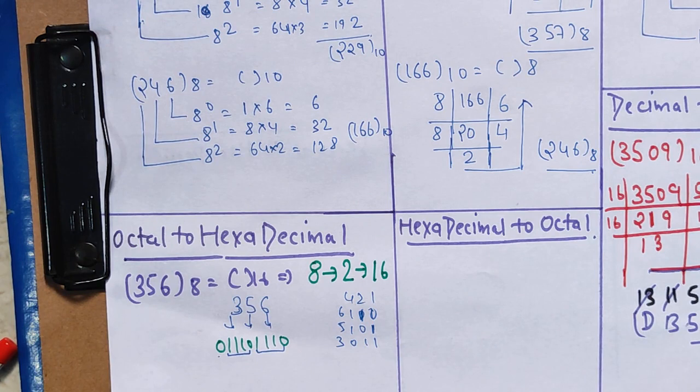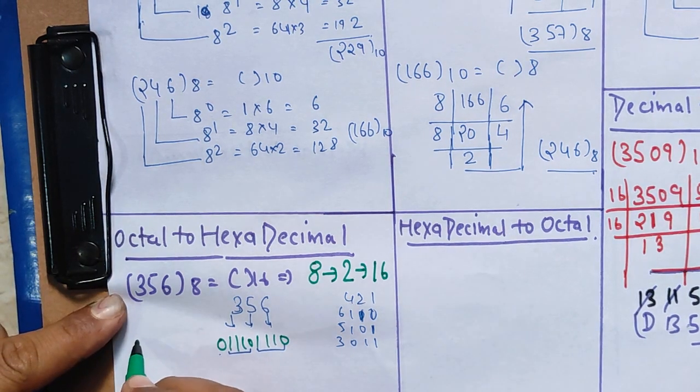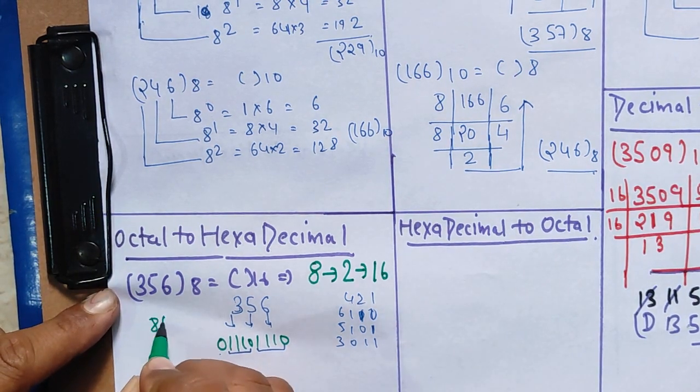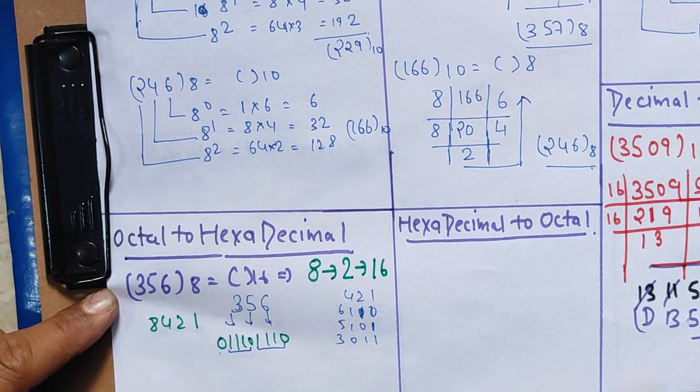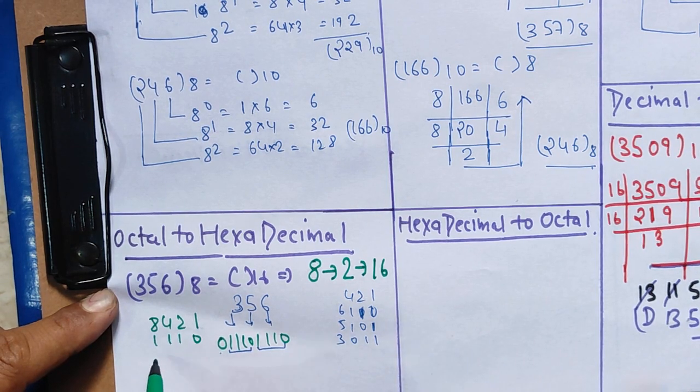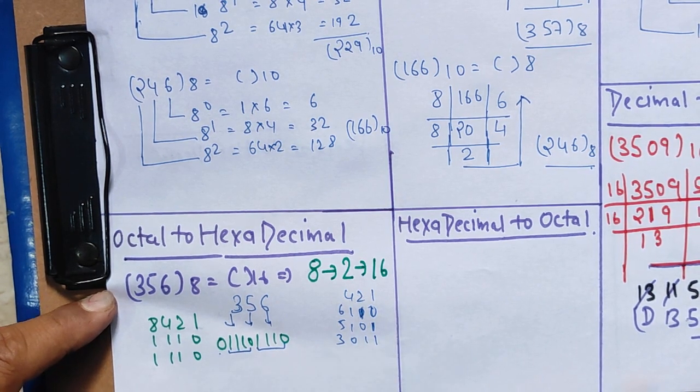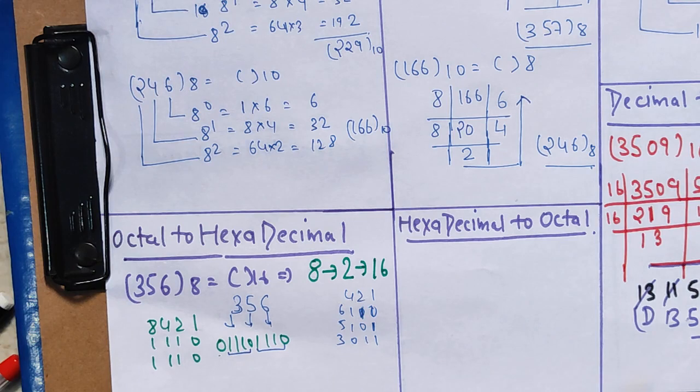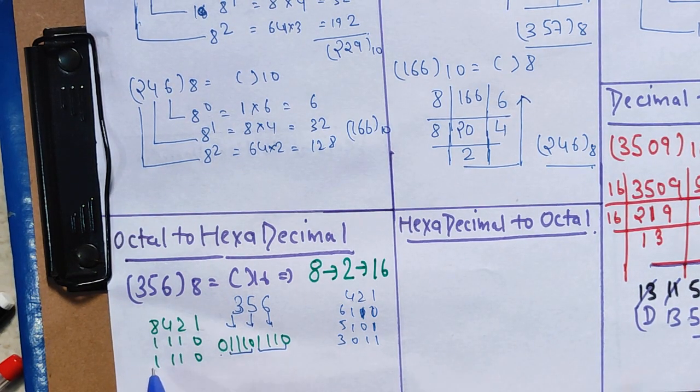Okay. So here you will see, and for that I will use the 8421 code. What do you mean by 8421 code? I will write here first of all 1110. Again this is 1110. Okay, so here it will be representing 8 plus 4 is 12 plus 2 is 14. This is 14 and this is 14.